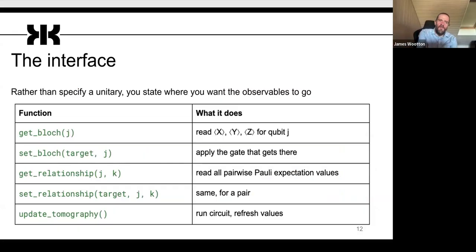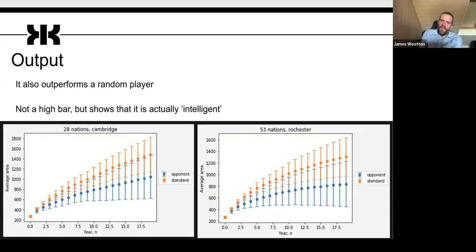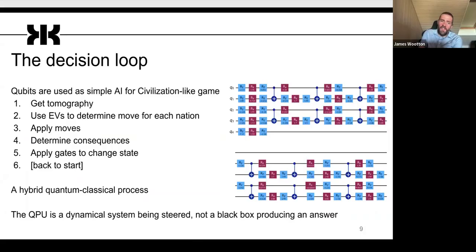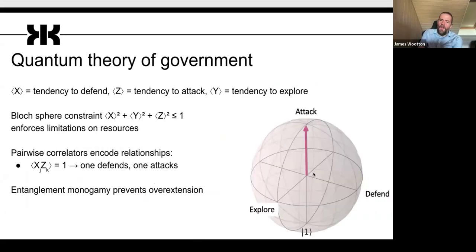I've gone through this very quickly, but it's worth talking a little bit more about a part that I glossed over hugely, which is to say, if you're losing territory, you better make a gate which increases your X expectation value. That is not how we usually do gates. We usually do gates by saying, please do a Hadamard.